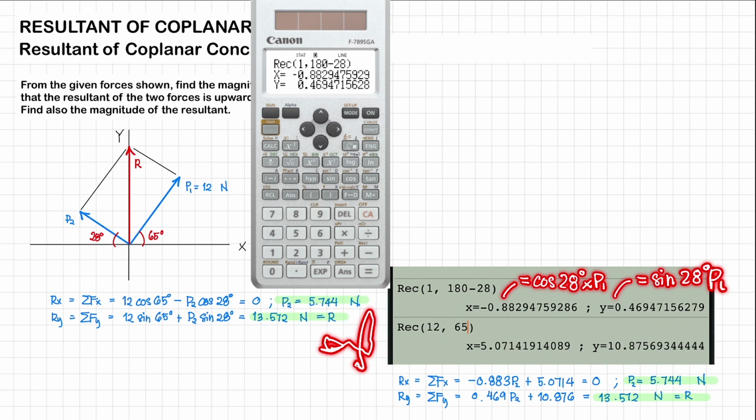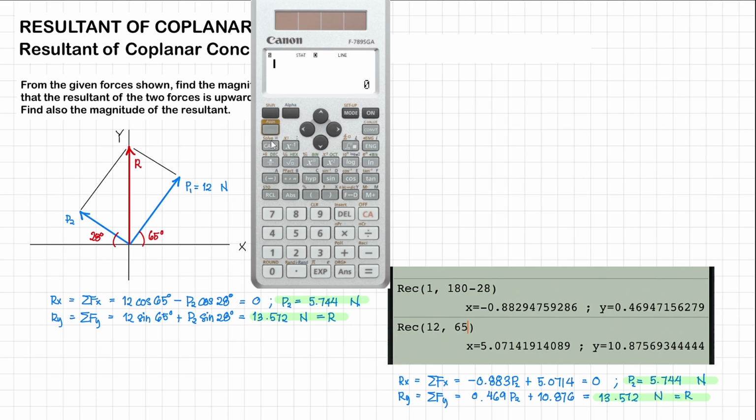And then if we want to solve for the components of our P1, we just input its coordinates. So shift rec, and then for P1 it is 12 newtons. Shift, comma, and its direction, so it's positive 65 degrees, equal sign, and we get the vertical and horizontal components of our P sub 1.